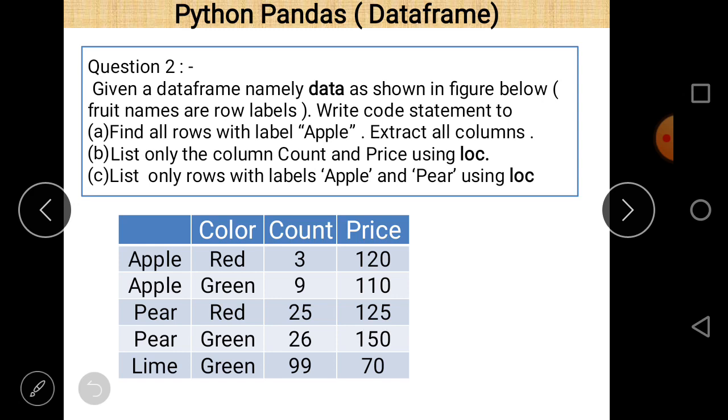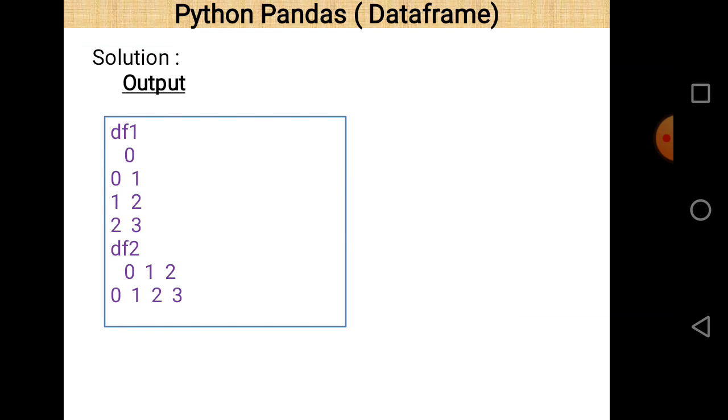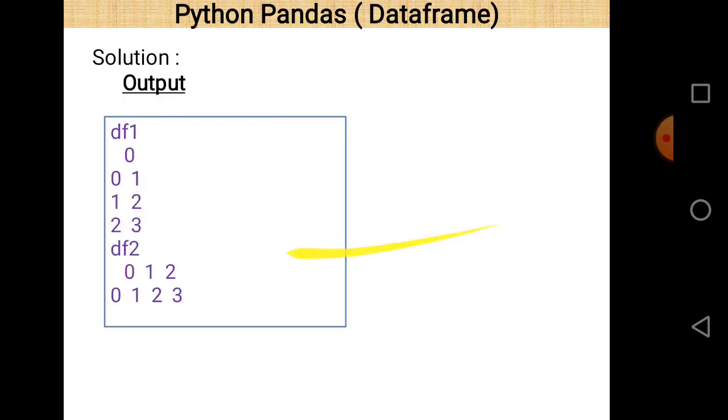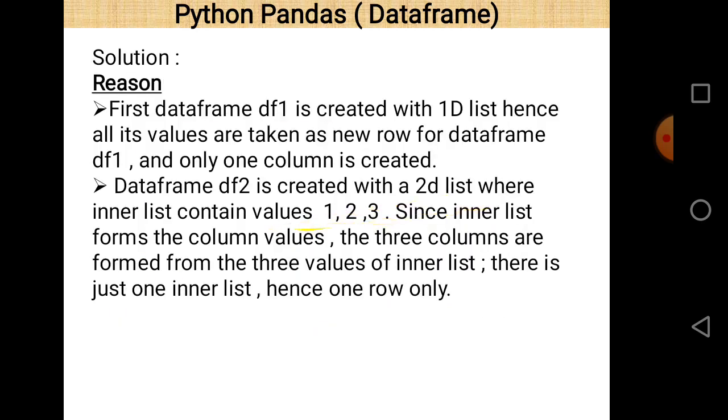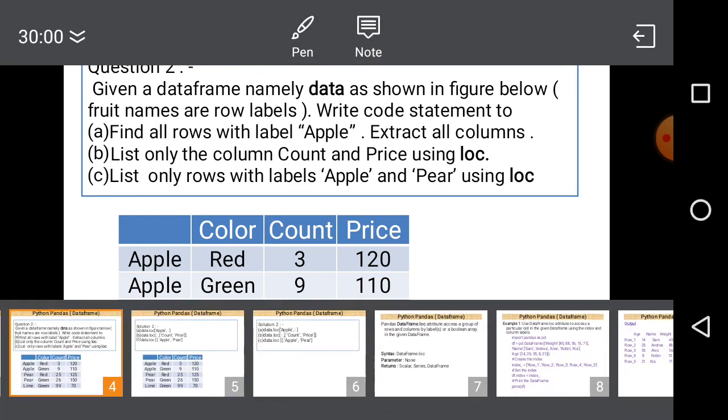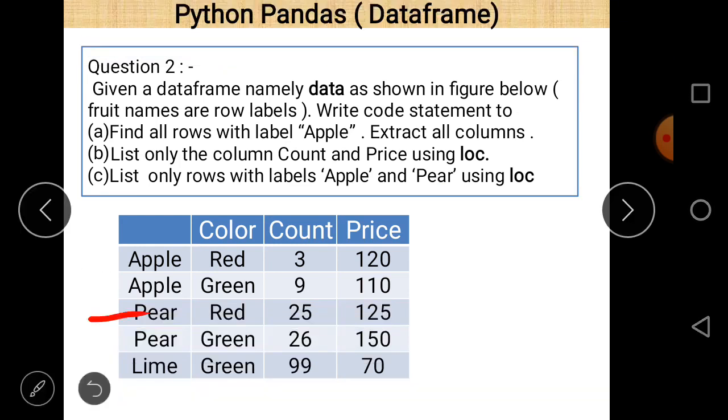Now interestingly, there are two rows regarding pear, because pear is represented by two rows, and two for apple also.